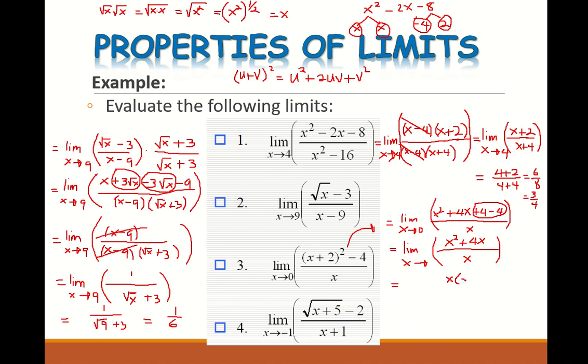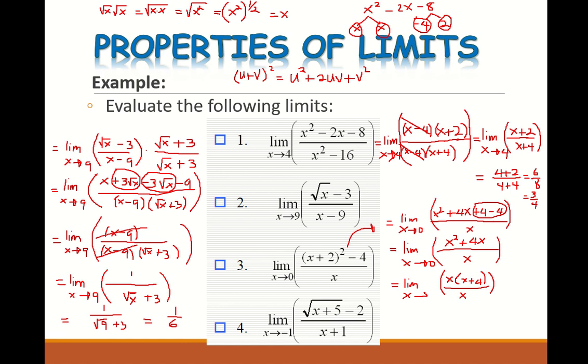What is left in the first term is only x, and the second term is only 4. And we have the same denominator, x. So close this with a parenthesis, then we have the limit of the function as x approaches 0.